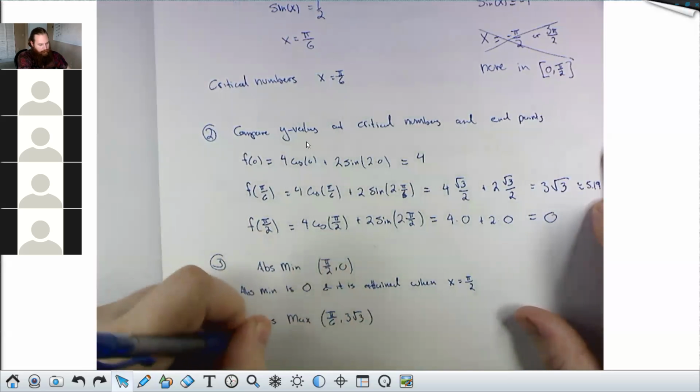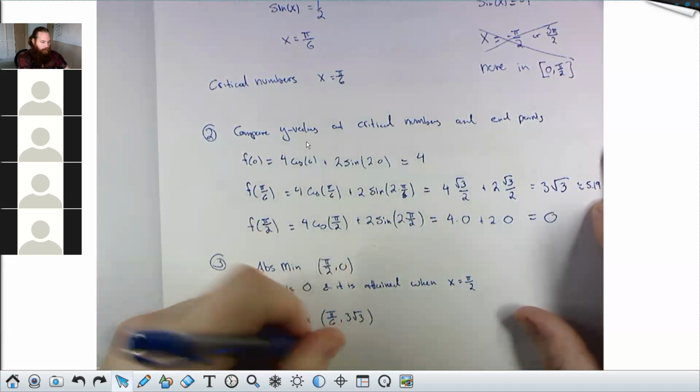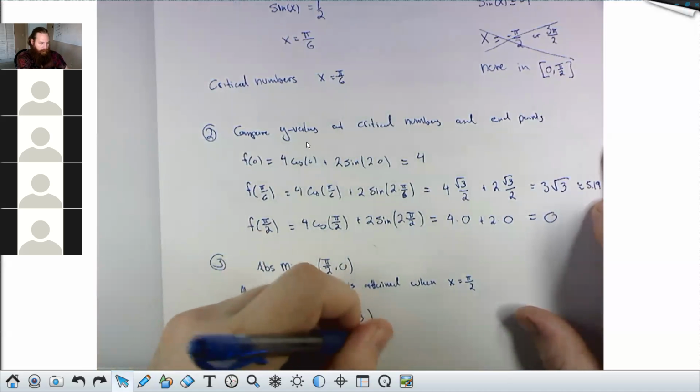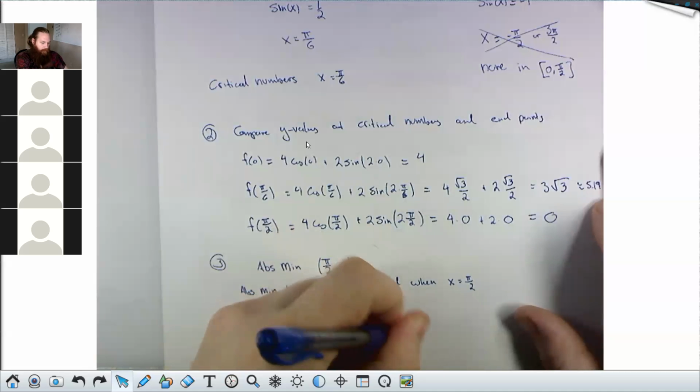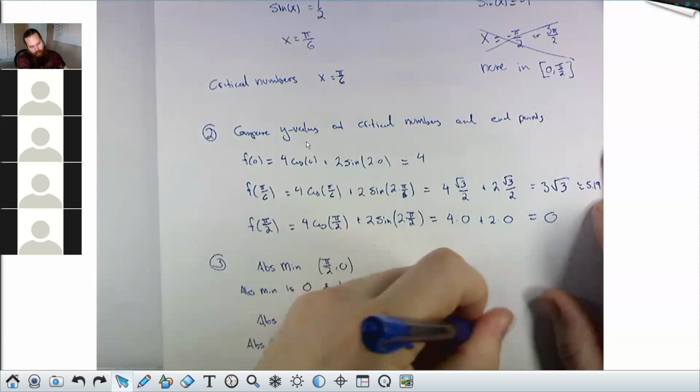So the abs max is 3 square roots of 3, and it is attained when x is equal to pi over 6.